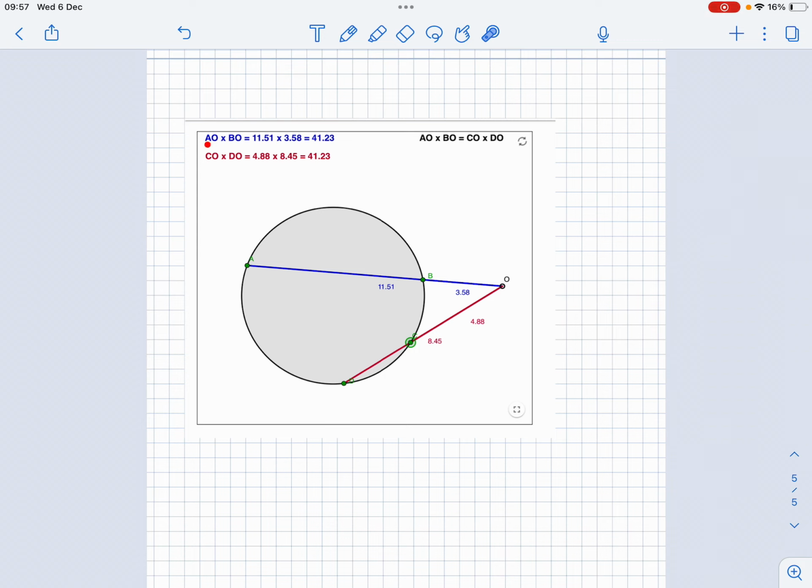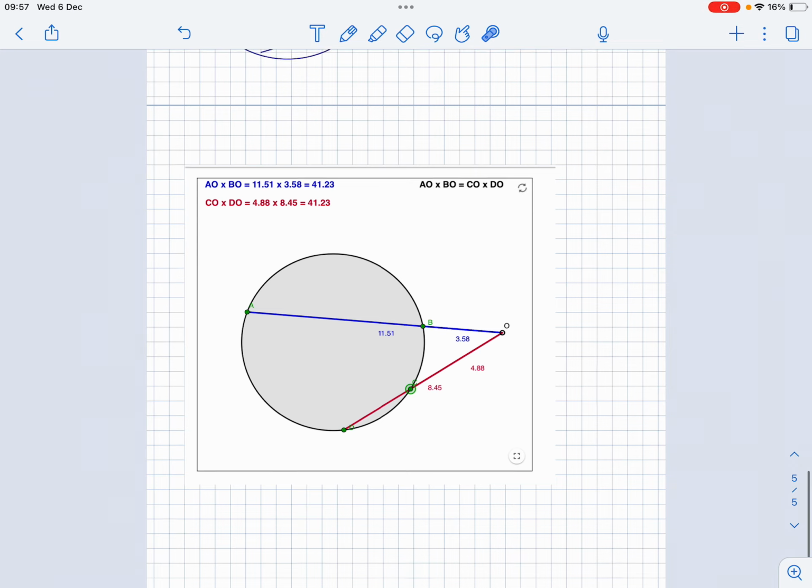So if we look at this top line here, I've got OA, which is the whole of that line, times by OB. And then here I've got DO, I've got all of that line times by this. So you're still using the same circle theorem, it's just the whole length and then the distance to the circumference from the point outside.